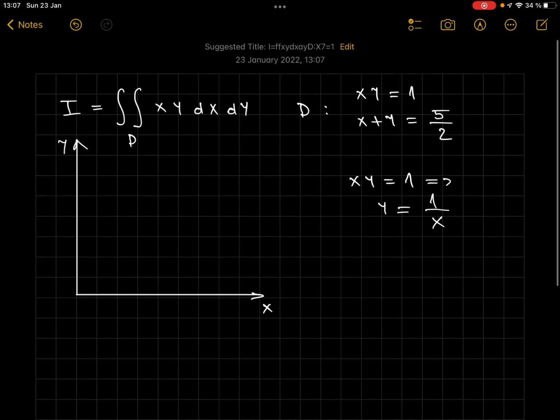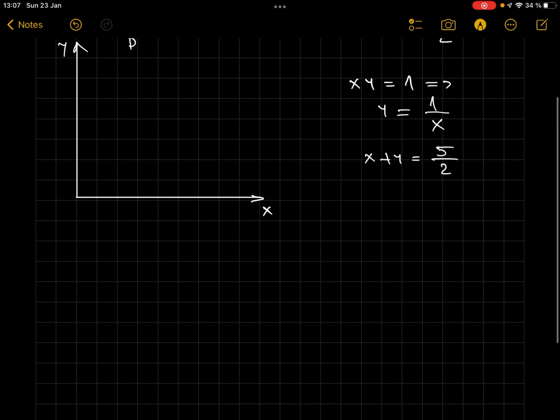First thing that I want to find is its intersection points with the other equation, namely x plus y is equal to 5 over 2. So when I plug in 1 over x instead of y into the second equation, I'll get that x plus 1 over x is equal to 5 over 2.